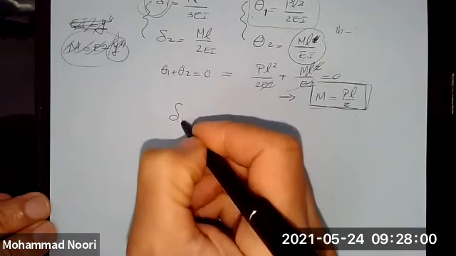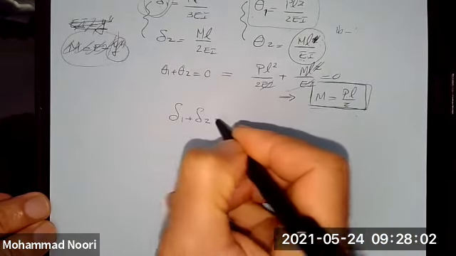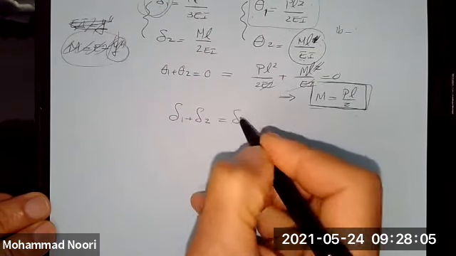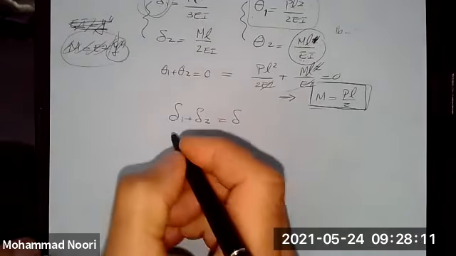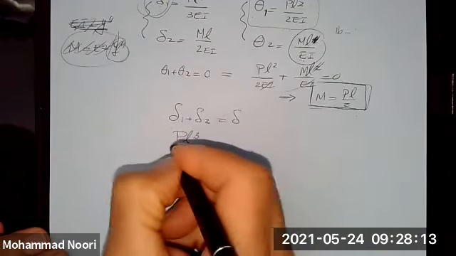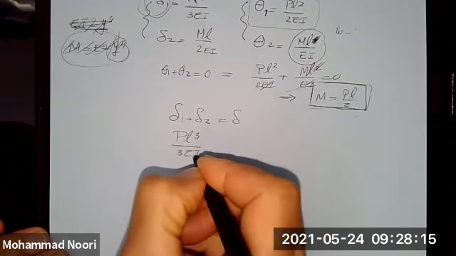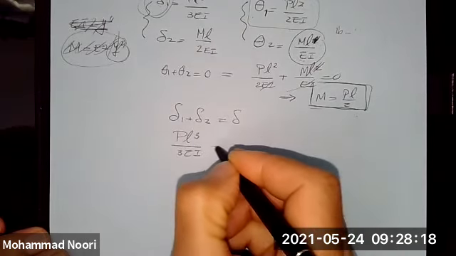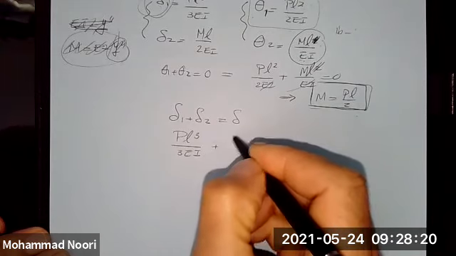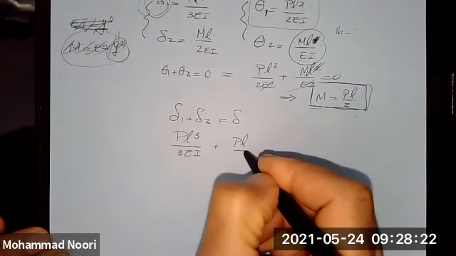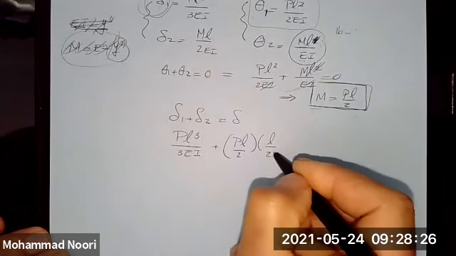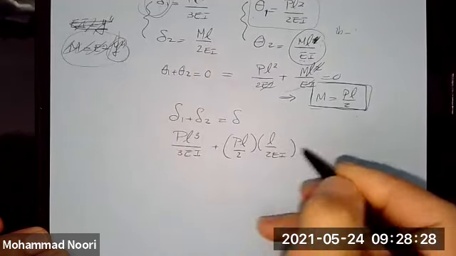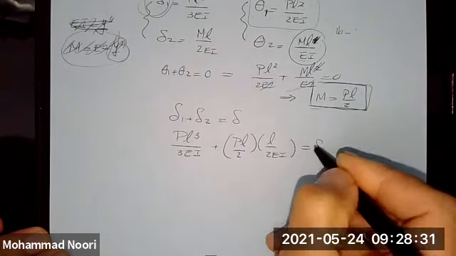So now let's write delta 1 plus delta 2 is equal to delta. If you substitute those, you get PL cubed over 3EI plus, substituting for M, PL over 2 times L over 2EI is equal to delta.